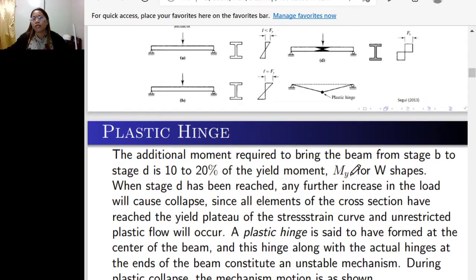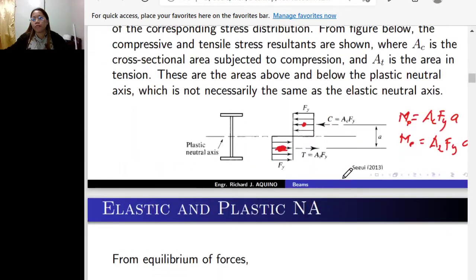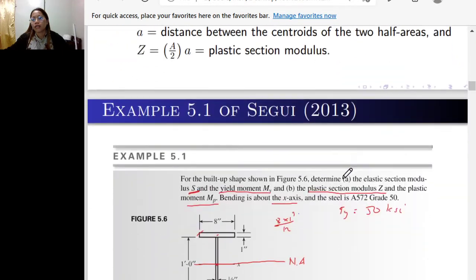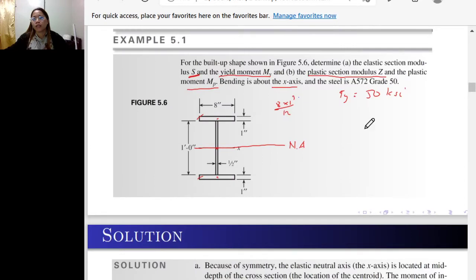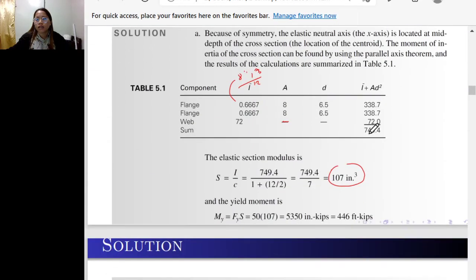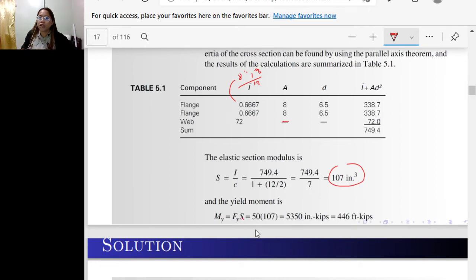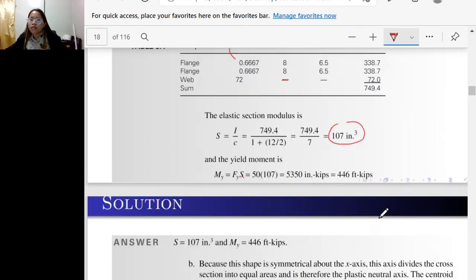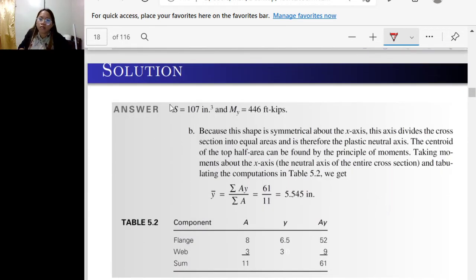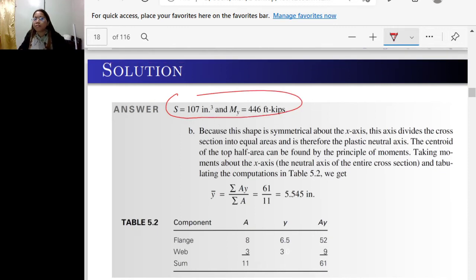Since the steel is given with grade 50, your yield moment is the yield strength times the elastic section modulus. So 50 times 107, or 446 foot kips. So your answers are this one.